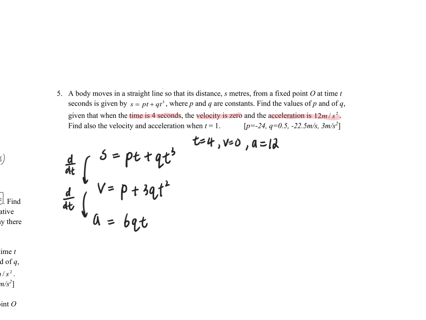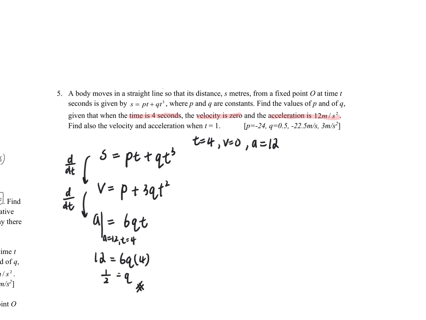Go and plug in and solve for the unknowns. So the first one you can solve is, of course, sub in A as 12 and T as 4. So Q is half.